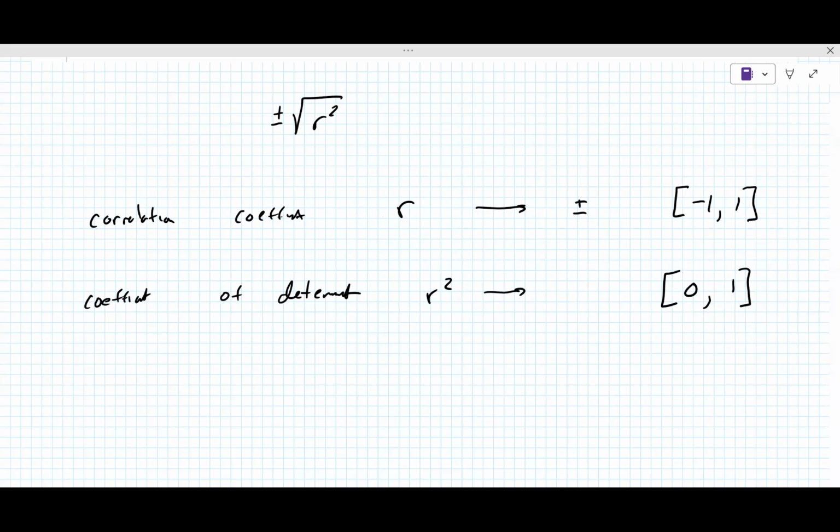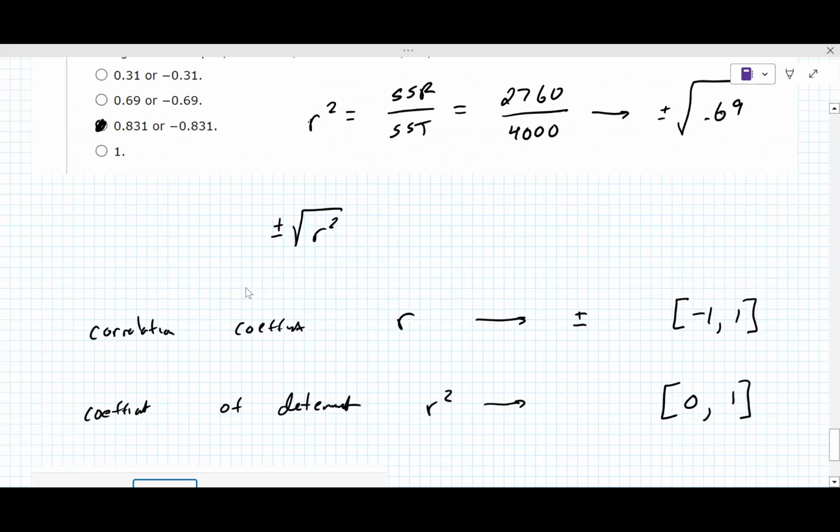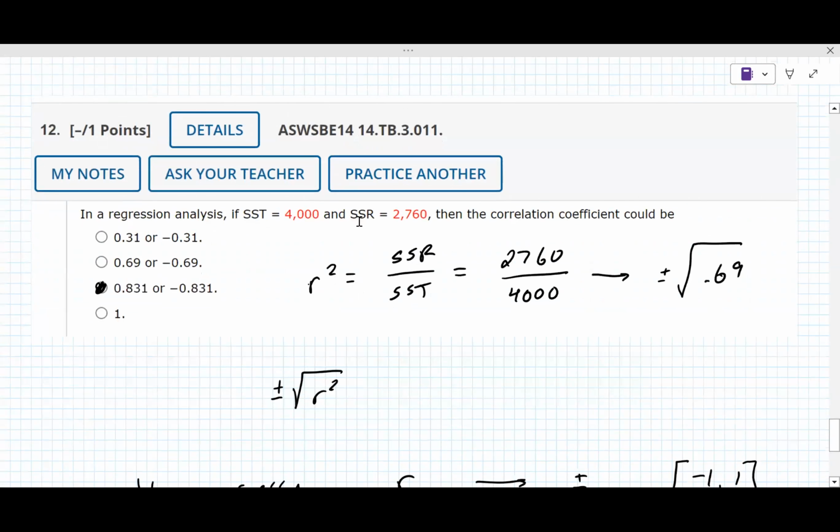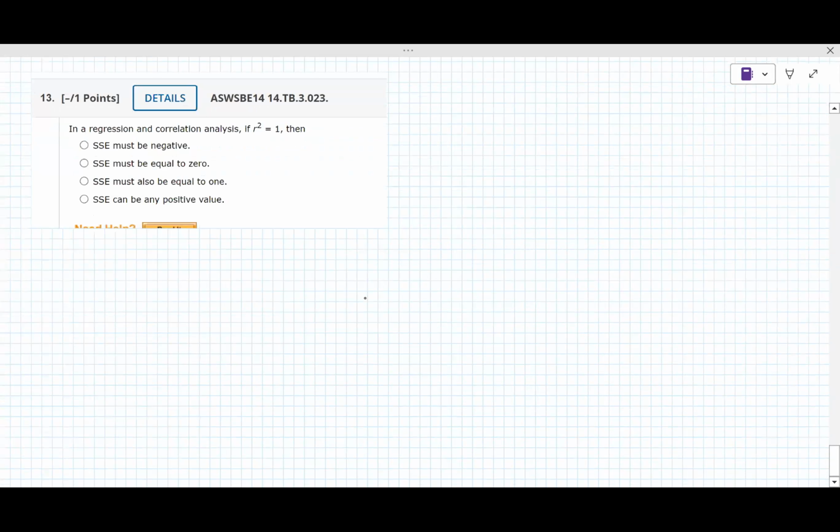Would be SSE must be equal to 0. Yeah, so let me get to that. So that goes back to the formula. If we go again, R squared is SSR over SST. So all of these are about SSE. So how do we even do this?